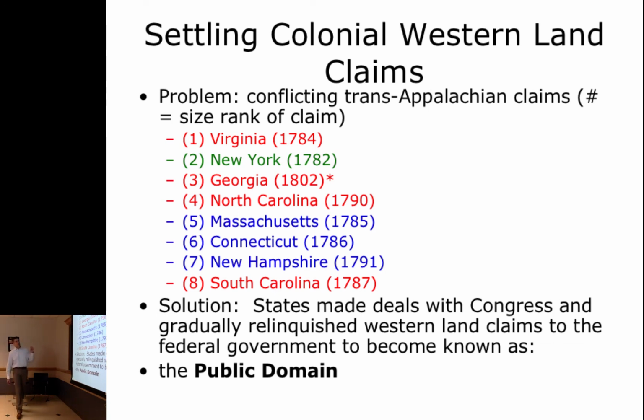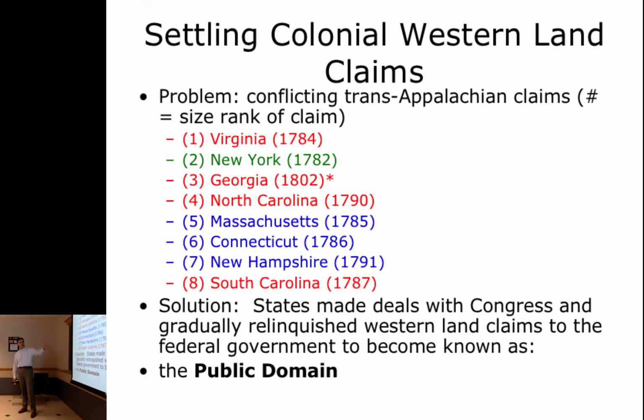There was also the issue of these independent colonies that became states having claims to the lands that they essentially inherited with the forfeiture of Great Britain on the continent, at least south of Canada.